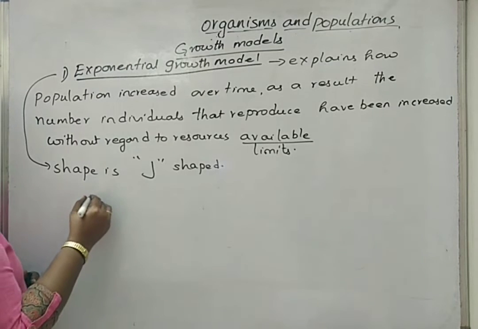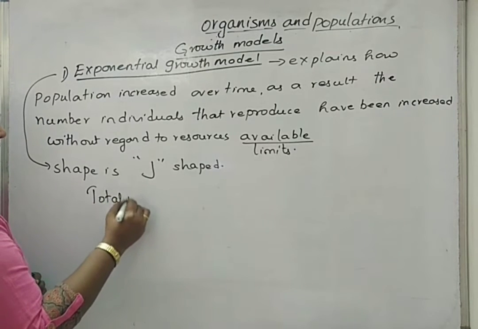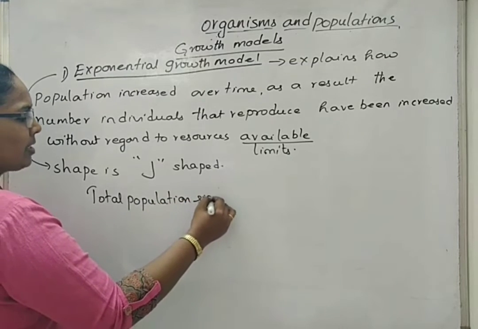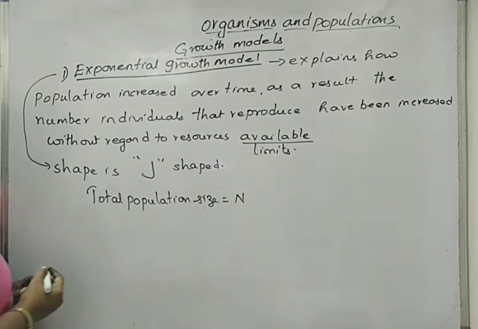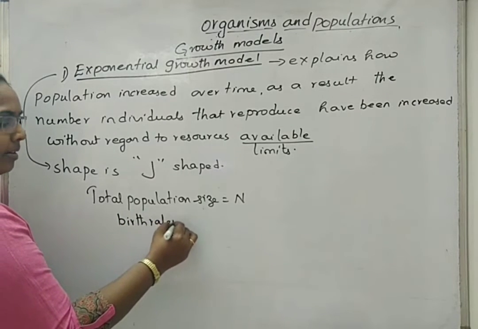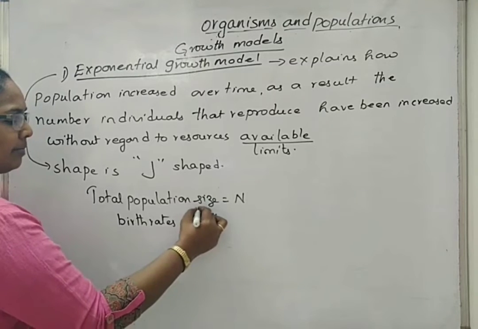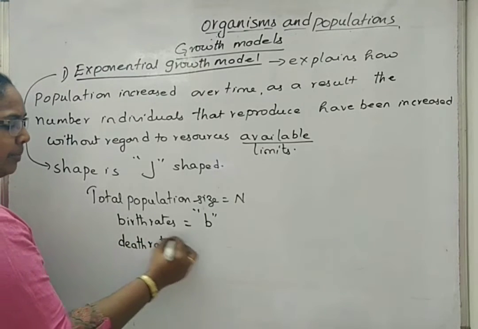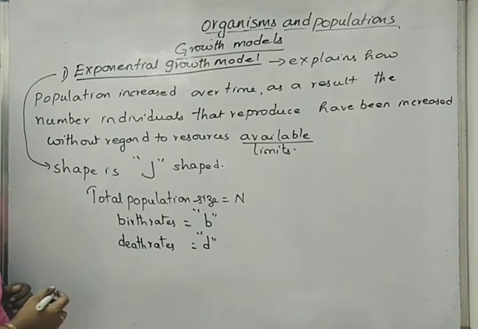So total population size is indicated with capital N, birth rate is represented with B, and death rate is represented with a small d.